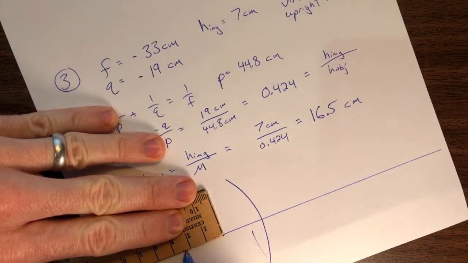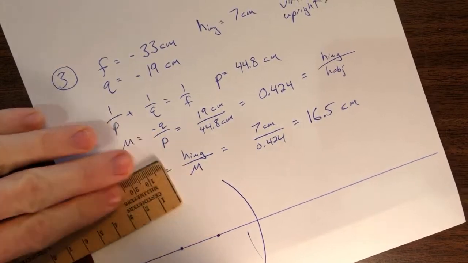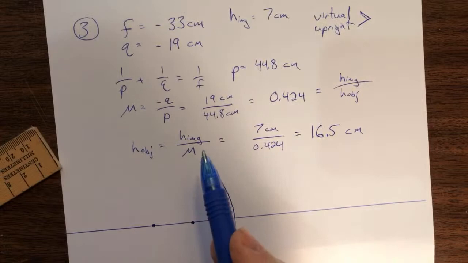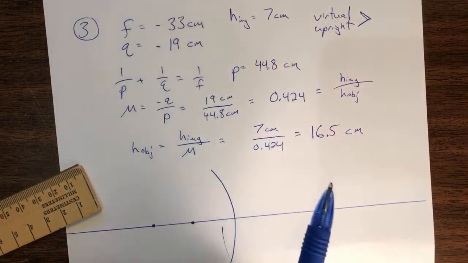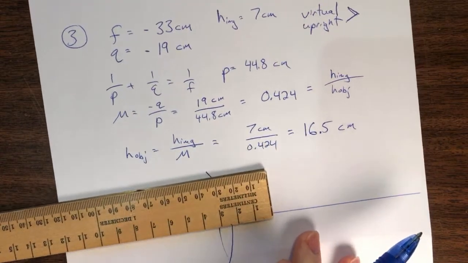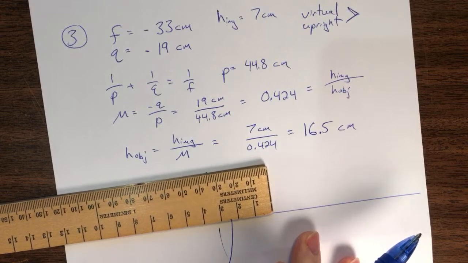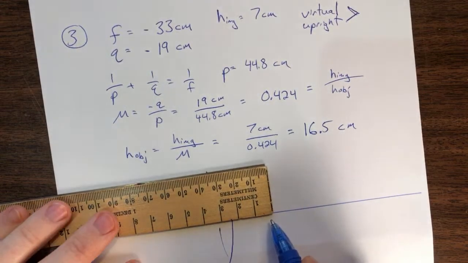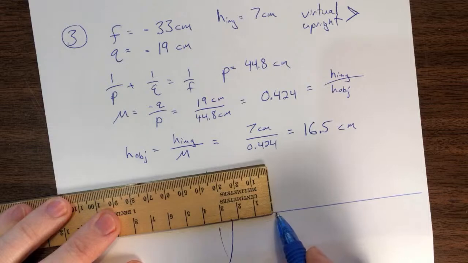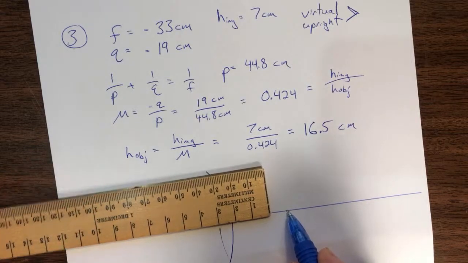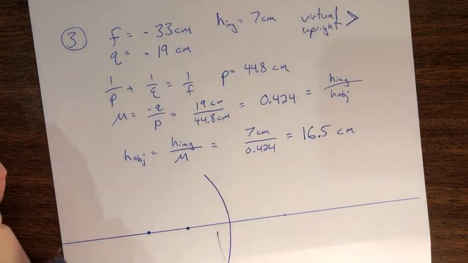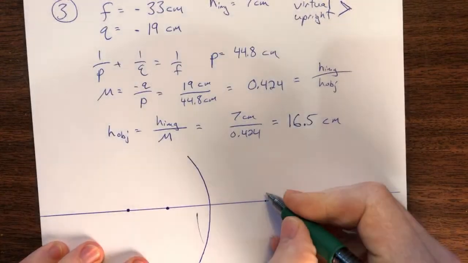Get myself a little bit more accuracy here. We said that's 33, and then 44 is about a third more. I'm going to say right there. That seems about right. Just estimating, okay?